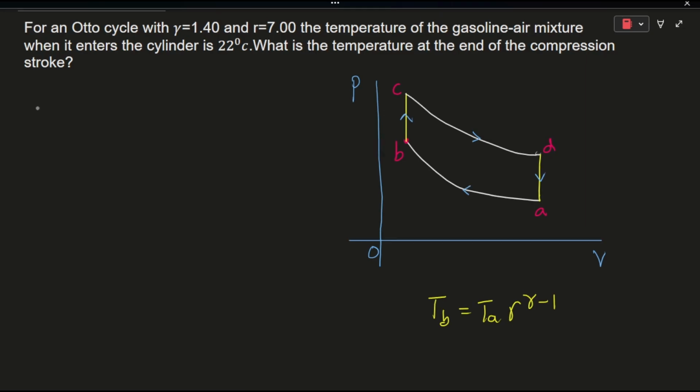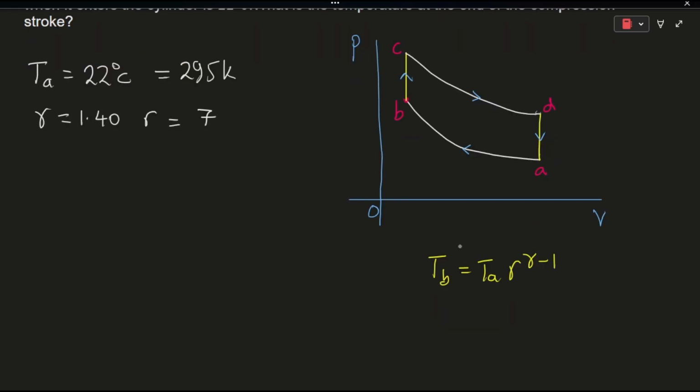Now, the question provides that, and we're going to convert this to Kelvin, and we're going to have our gamma has been given as 1.40, and our compression ratio is 7. So we plug in these values into this equation.